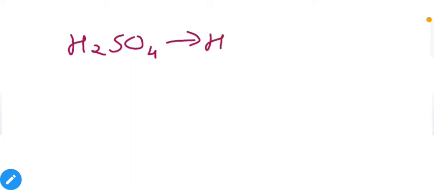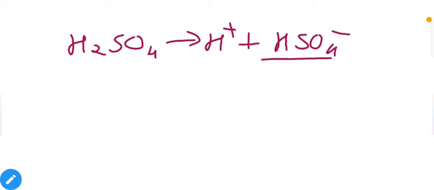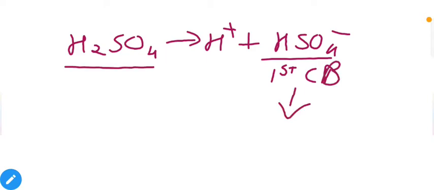A simple example: if we check the reaction of H2SO4, after the release of the first H+ you will get HSO4-. So this is the first conjugate base of H2SO4. It can release one more H+ and you will get SO4 2-.